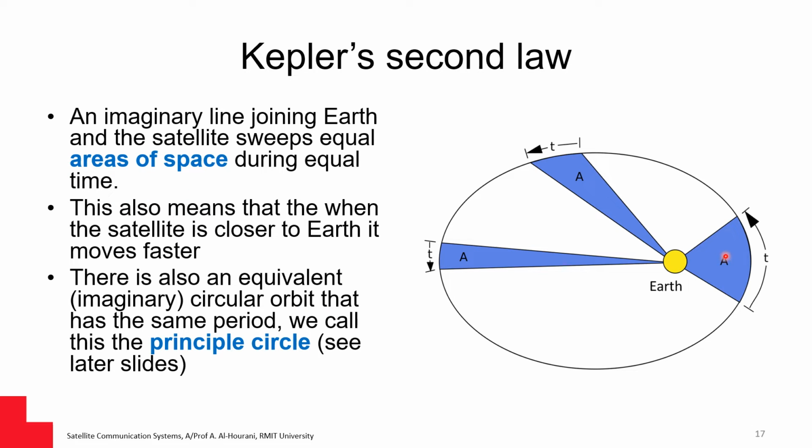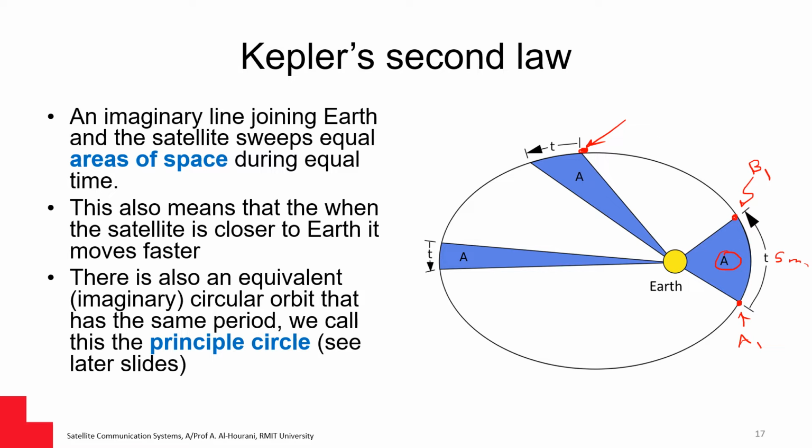One of the interesting observations of Kepler is that celestial bodies sweep equal areas in equal intervals. What does that mean in our context for satellites? Let's assume you have a satellite at this point, and let's call it A1. And let's assume after 5 minutes, we check the location of the satellite, and we find it at this position, B1. So the area swept by the satellite, let's denote this area as A. And let's wait some time, and then again check the position of the satellite.